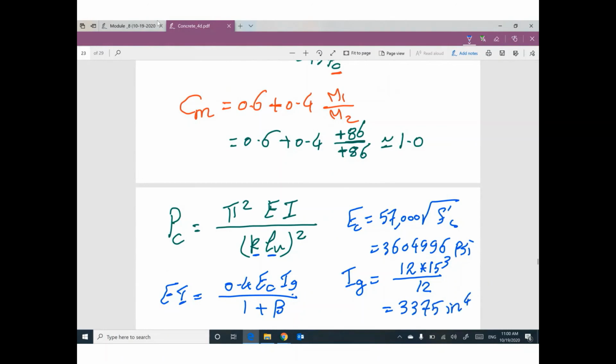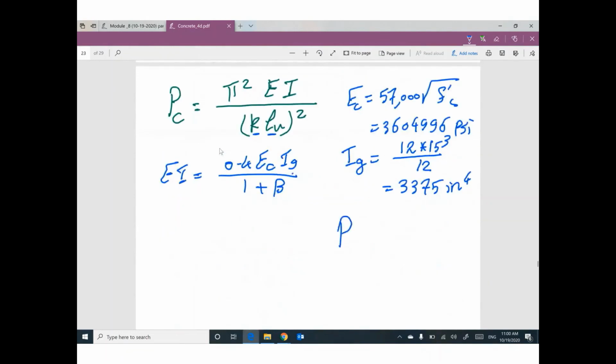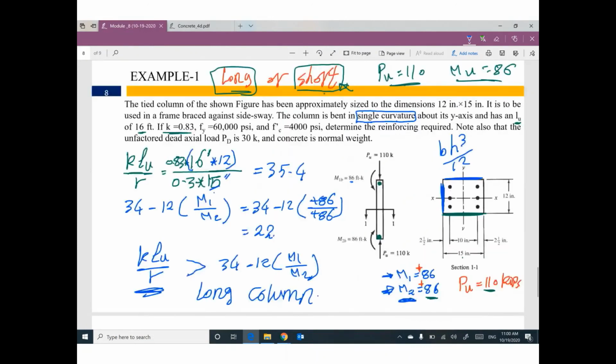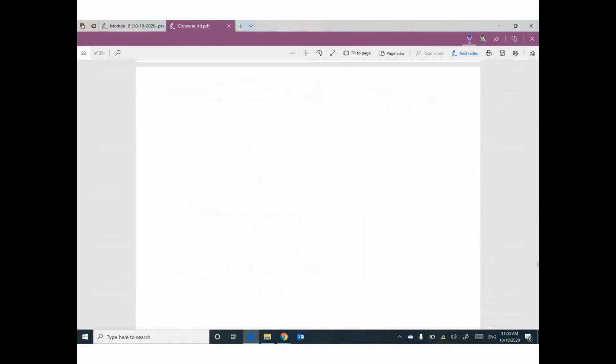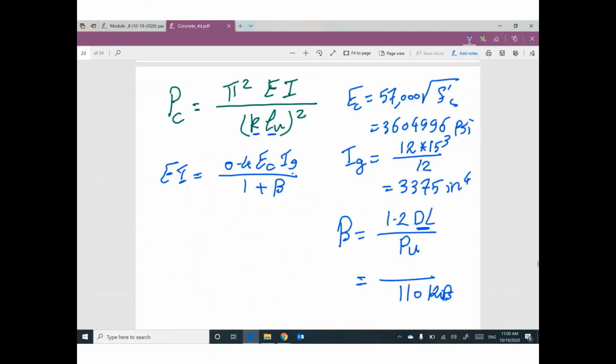Beta equals 1.2 dead load divided by P ultimate. The value of P ultimate is 110 kip. Please go back and read the problem carefully. The problem gives you, note also that the unfactored dead load equals 30 kip. So this dead load is 30. Multiply it by 1.2 dead load, and divide it by P ultimate 110.